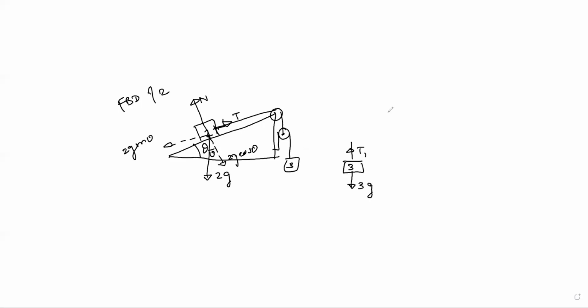If I want to draw for this particular pulley, suppose this is P, then this pulley will have 2 tensions, T1 and T1, and in the upward direction there will be tension T. Because this rope is the same, this rope is the same, and this rope is the same. This is rope 1, this is rope 2. Okay, clear?